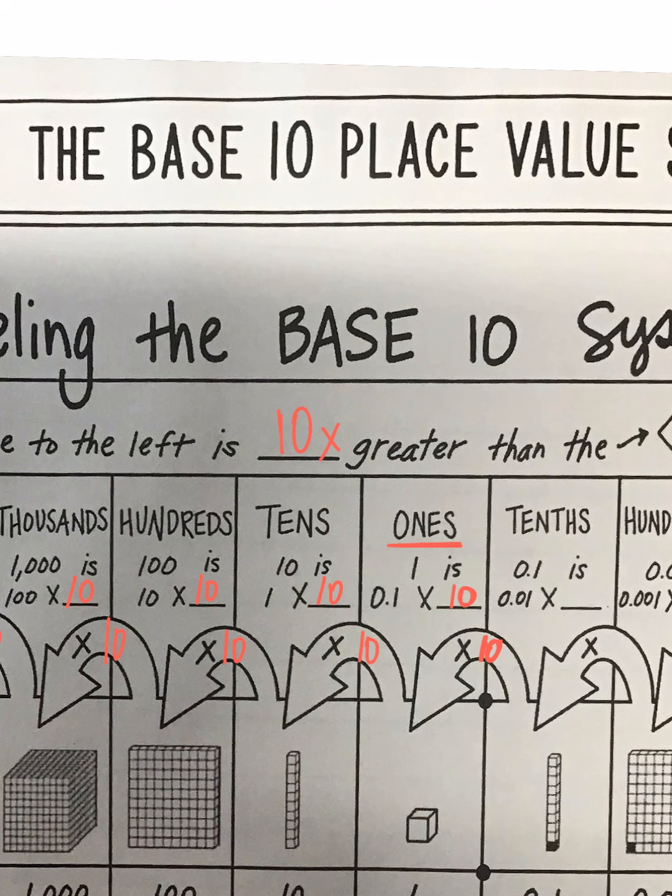Very good. So 100th times 10 lands me at the 10ths place. Then I can start over again. 1/10 times 10 is 1. 1 times 10 is 10. 10 times 10 is 100. I keep going with that pattern.